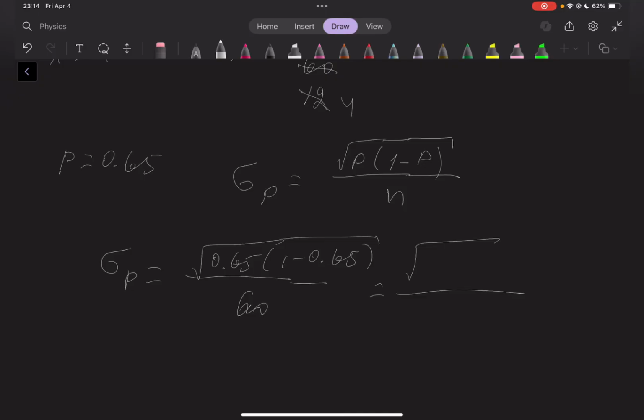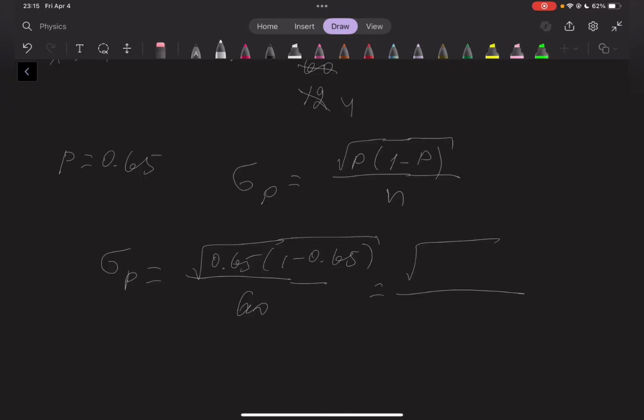Okay, let me use a different calculator. Let me find the square root. No, I can't find it. On my phone, it doesn't turn horizontally.